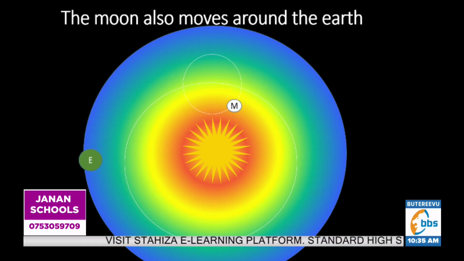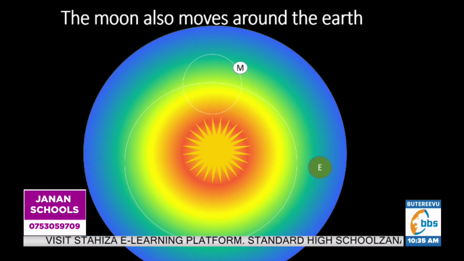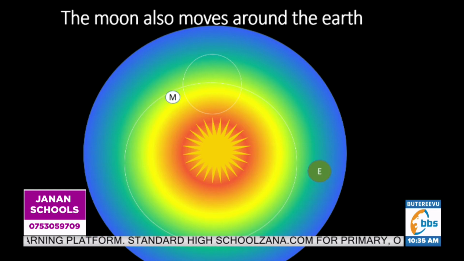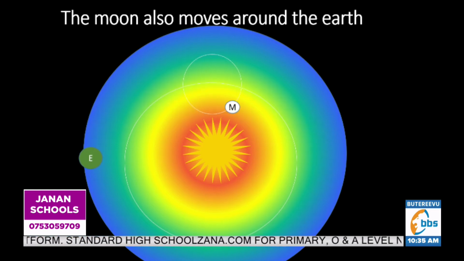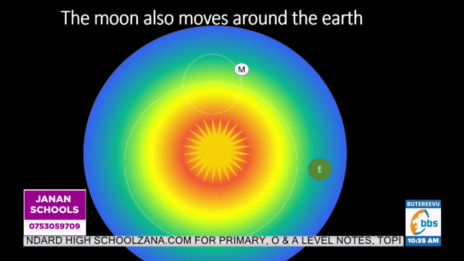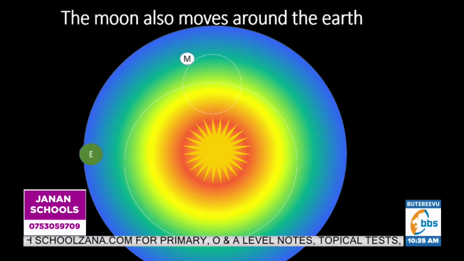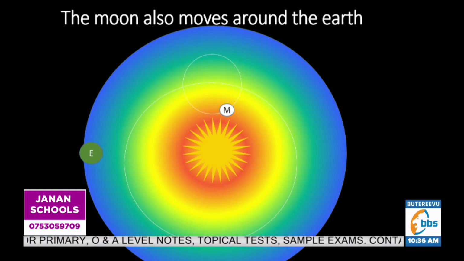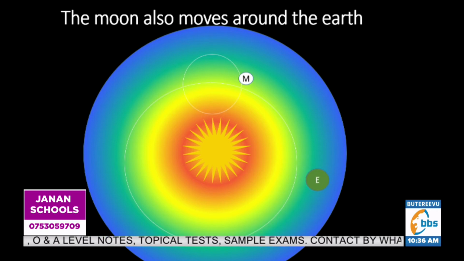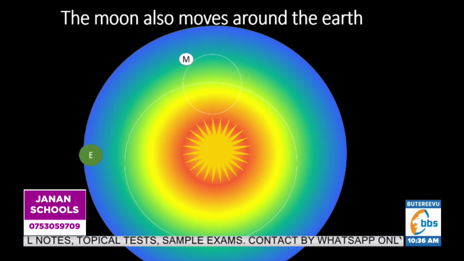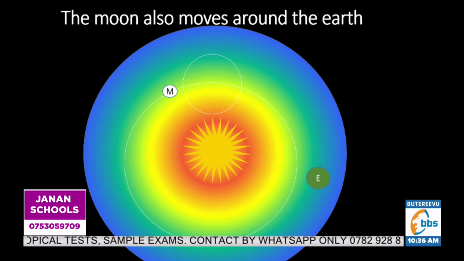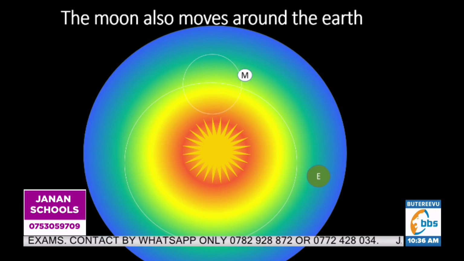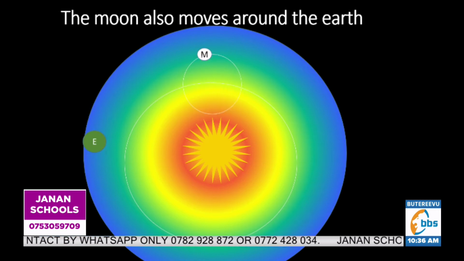You know that when the Moon makes a complete revolution, the Earth takes about 365 days to revolve around the Sun. Okay? Those are the 365 and some days there.